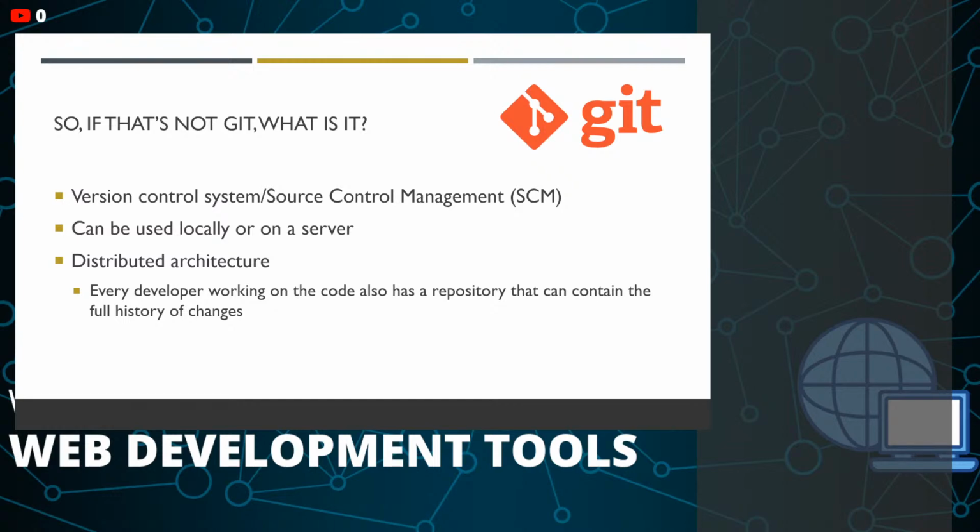Right? Git is working across multiple systems. So if we're able to send things to GitHub, we also have a version that's on our machine, and everybody working with us has a version on their machine. So every developer that is working on a singular code repository has a version that can contain the full history of changes. And that's one of the great things about Git as a concept, right?